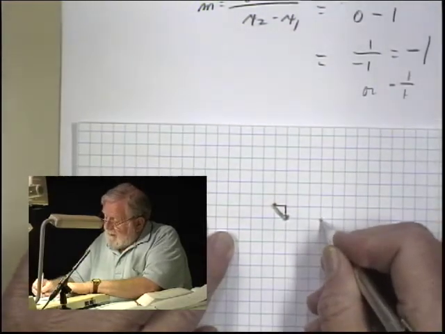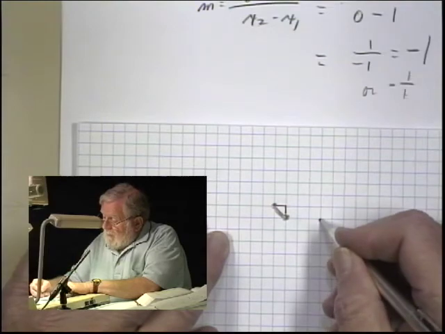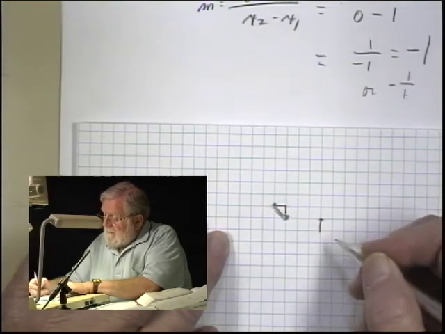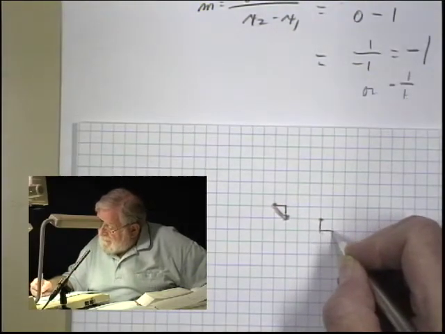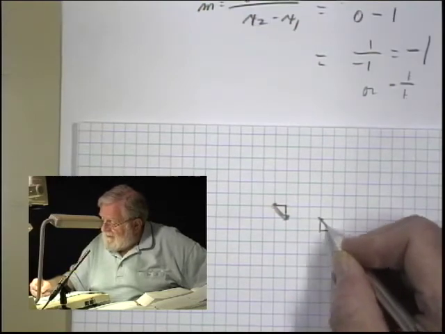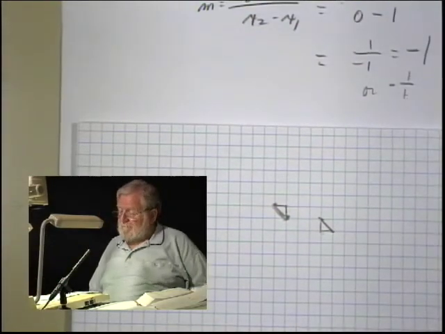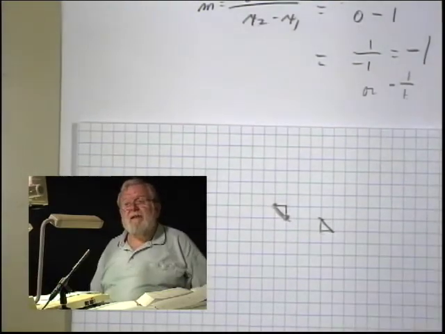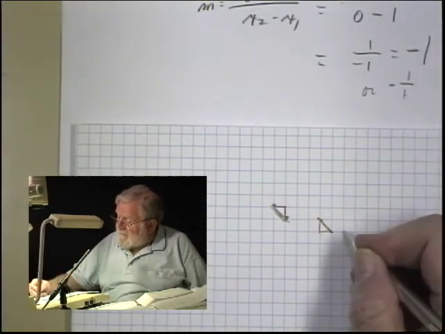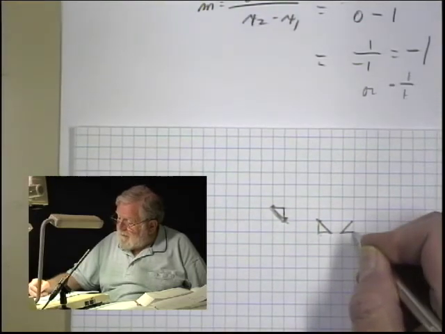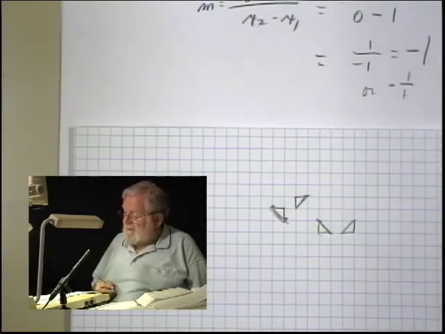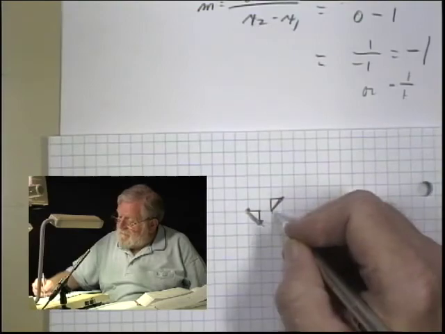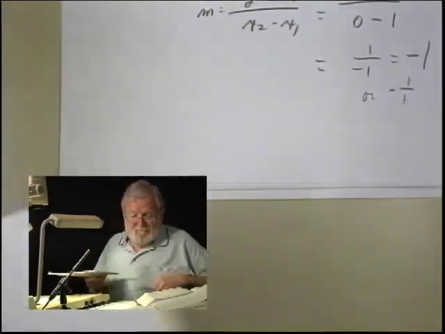Or you could go a -1 in the y and a +1 in the x, which would still give you a negative, and you'd still have a slope that looked like that. The slope would still be in that direction. If they were both positive, +1, +1, the slope would go in this direction. All right. That's the end of example 1, problem 1.